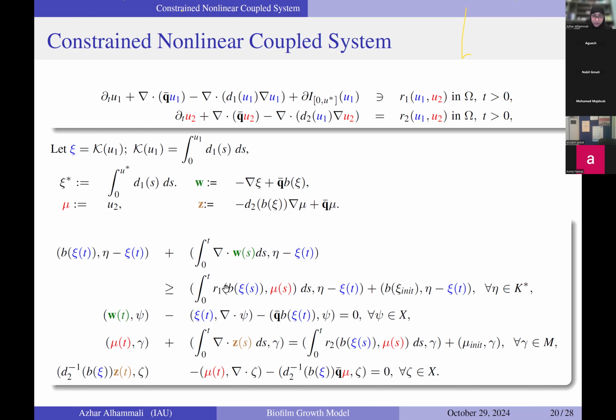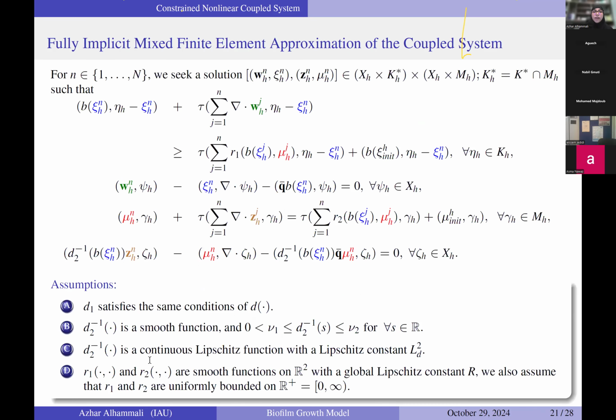So it involves this inequality. Now we approximate it in the same way we approximate the BVI, okay? And also we use these assumptions on the diffusivities: the biomass diffusivity, the nutrient diffusivity, and the reaction terms.